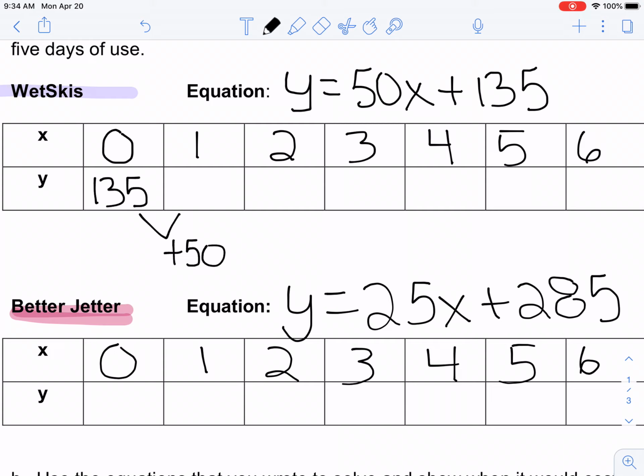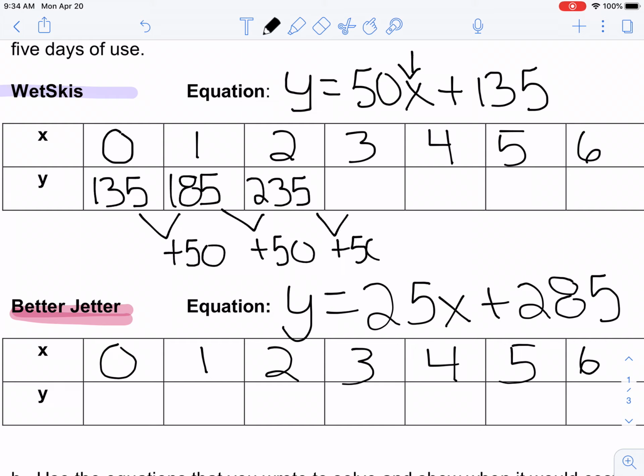Okay? So on the next day, it's going to be $185. I could use the equation also. So I could plug 2 in for x, and 50 times 2 is 100, plus 135 would give me 235. But because our x values are increasing each time here by 1, we're just going to be adding 50 each time.